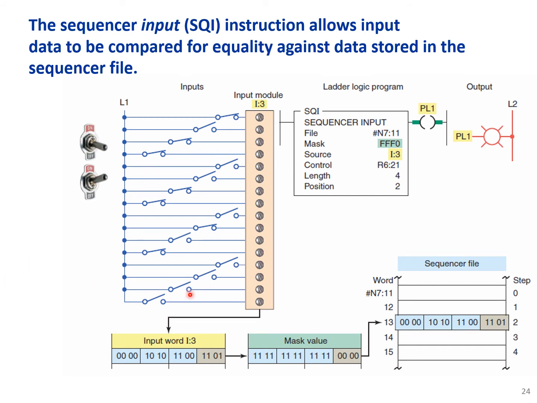So here we have how many inputs? 1, 2, 3, 4 multiplied by 4, we have 16 inputs. And in our sequencer file we also have 16 columns.